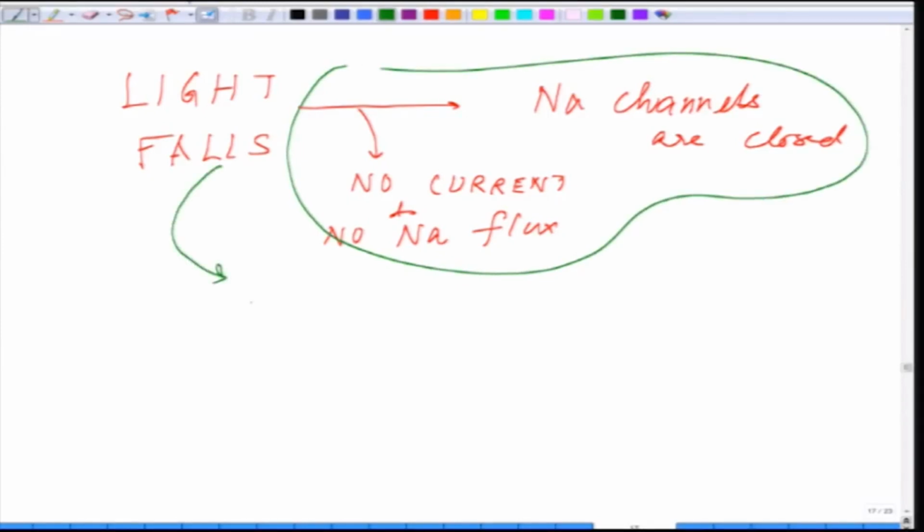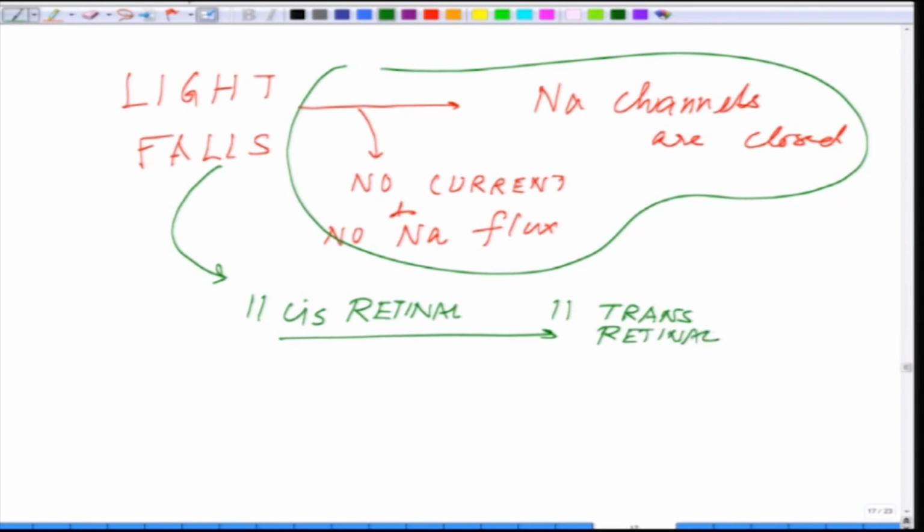Light falls, 11-cis retinal becomes 11-trans retinal on the rhodopsin molecule. 11-trans retinal dissociates out, and this process dissociates the opsin molecule. Okay. This opsin molecule then activates a protein called transducin.